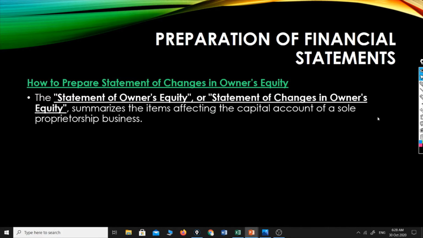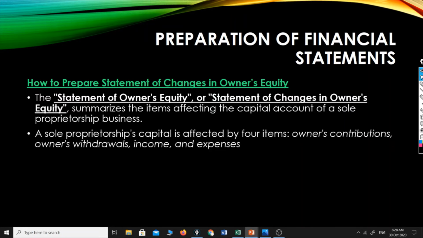Okay, so take note, if we are using changes in owner's equity, it connotes that that is a sole proprietorship. Sole proprietorship meaning the business is owned by one person only.